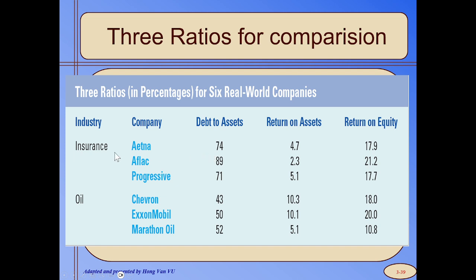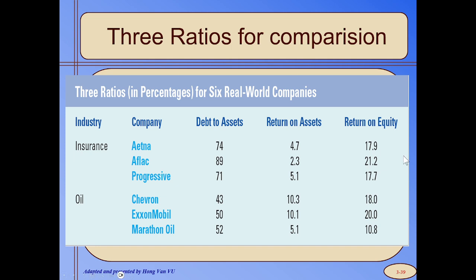Notice that Aflac's return on assets ratio was 2.3% and Aetna's return on assets was 4.7%. Neither ratio seems good. Banks sometimes pay more than 2.3% interest on deposits in savings accounts.